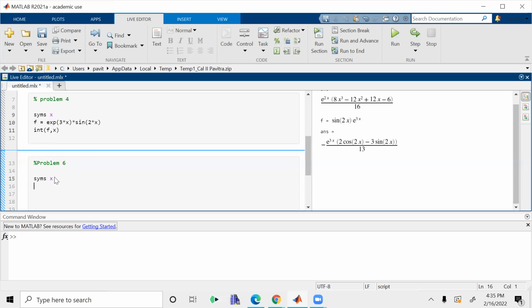It is sin x, f equal to 2 times x times, okay, it is sine inverse. So sine inverse in Matlab is asin, okay? We call sine inverse in Matlab asin of x square.